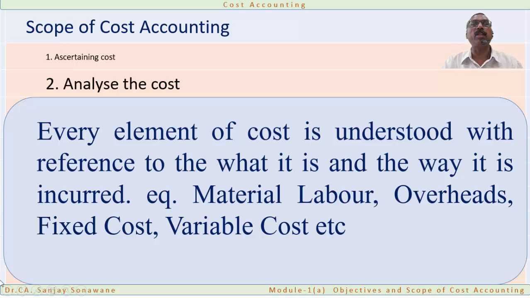Costs can be material cost, labor cost, overheads, they can be fixed cost, variable cost, direct cost, indirect cost. So we have to understand what the main feature of that cost is. This will be covered in your classification of cost, to understand the feature of that respective cost. That is called analysis of the cost. We are going to analyze the cost.